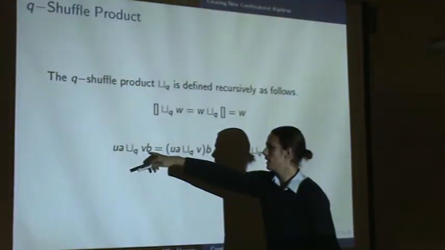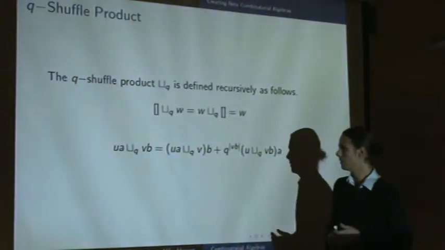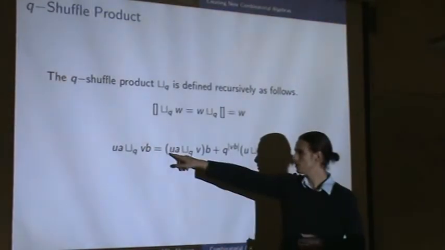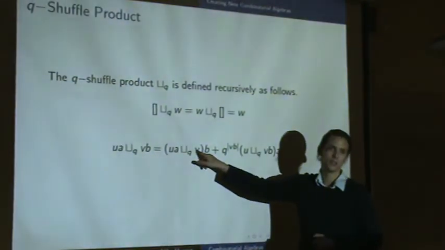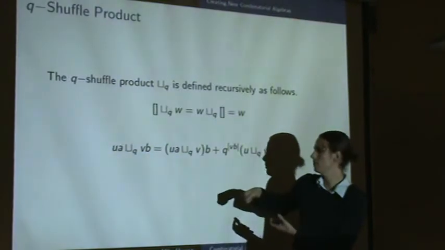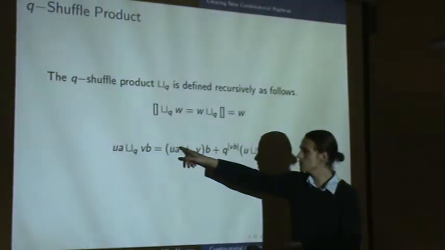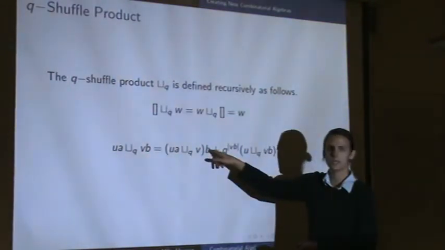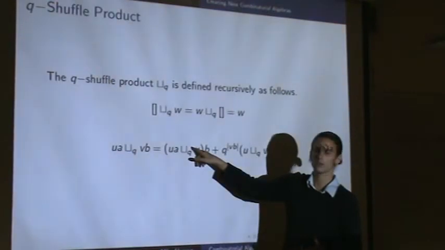If we multiply that by this word, VB, then how are we going to define that? Well, what we do is we take the shuffle product of UA and just V. So we take off the B from the list VB, and then compute this shuffle product. And then once we've done that, what we do is we take B and append it to the end of every word that shows up here.